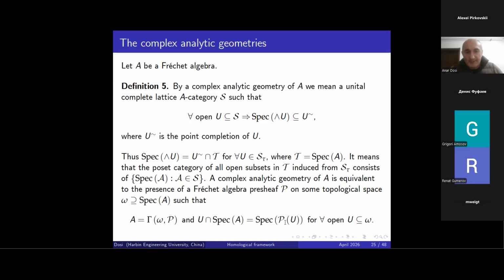And if you take the spectrum intersected with U for every open set, this results in the spec of P of U. Look, that's the meaning of this condition. That means we need just a family of algebras and their spec should define the topology, at least over characters. We don't care what kind of topological space we have bigger than spec, whatever. We just need this property here.